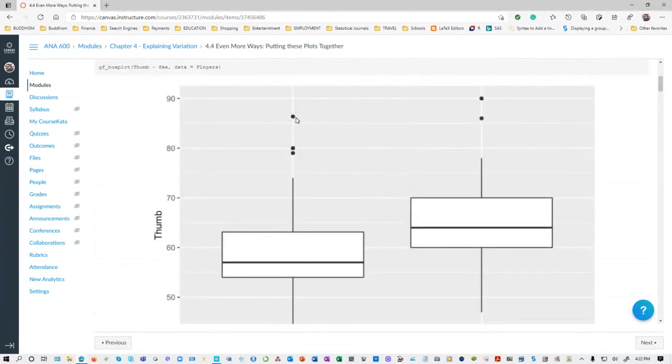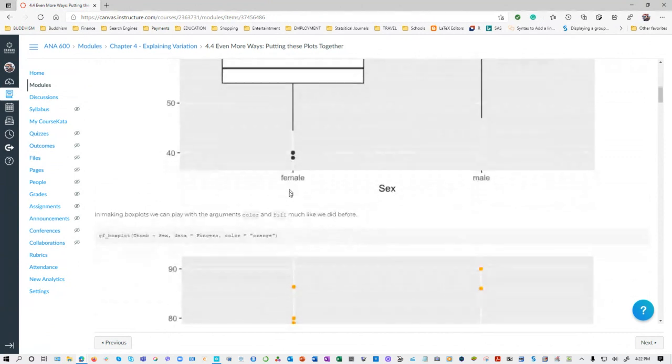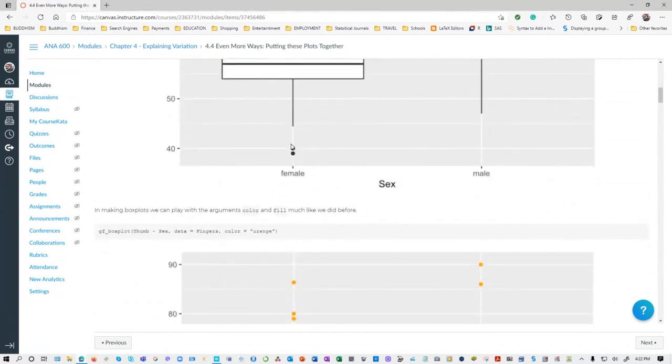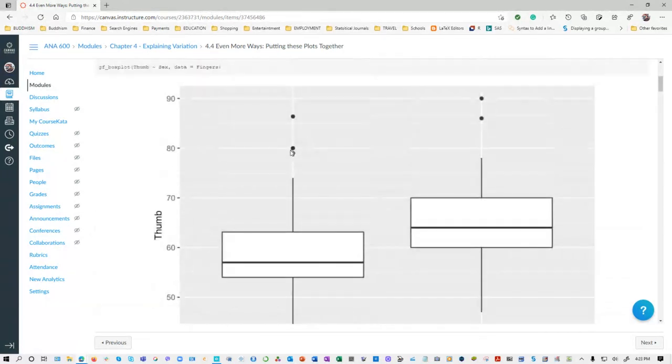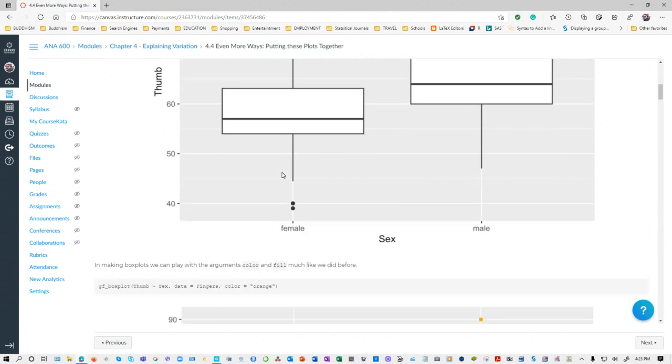This is the top of the whisker, and this is the bottom of the whisker. When there are outliers, the outliers will be denoted by dots, but the whisker goes all the way up to this point. That point is your maximum, but it is not considered an outlier.